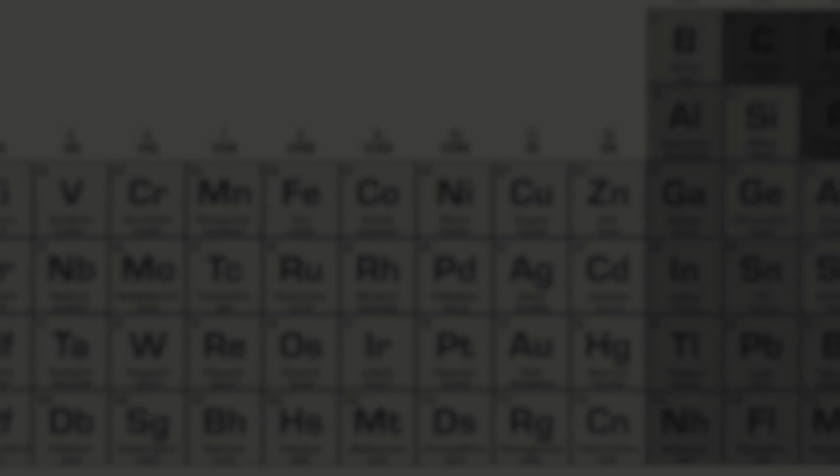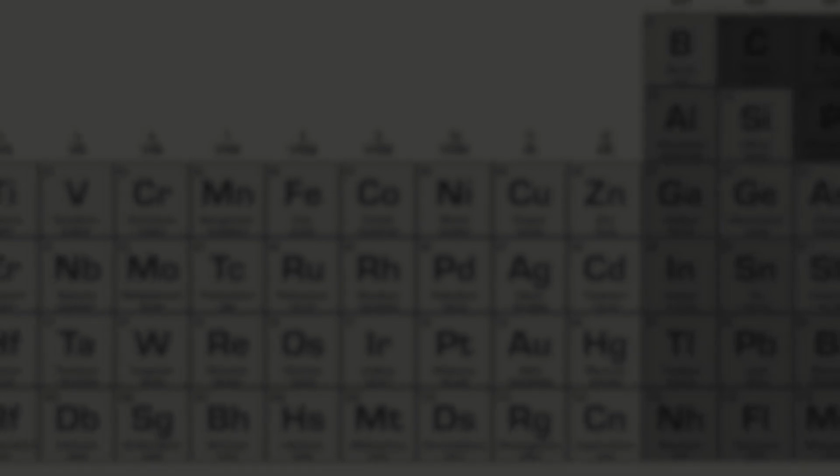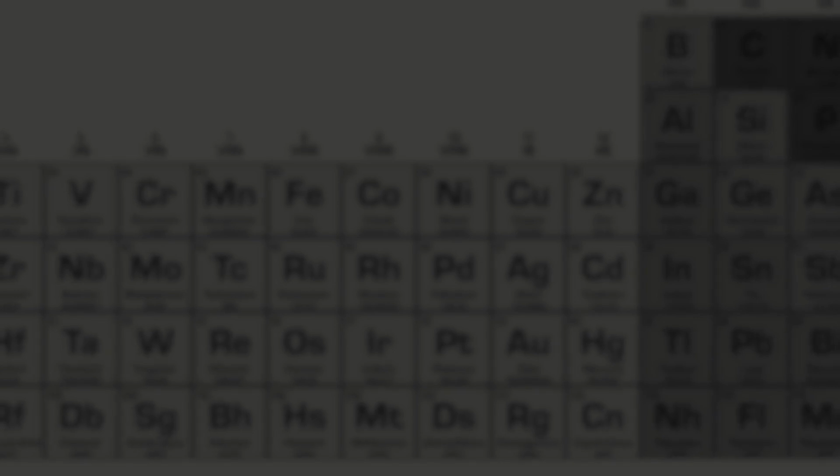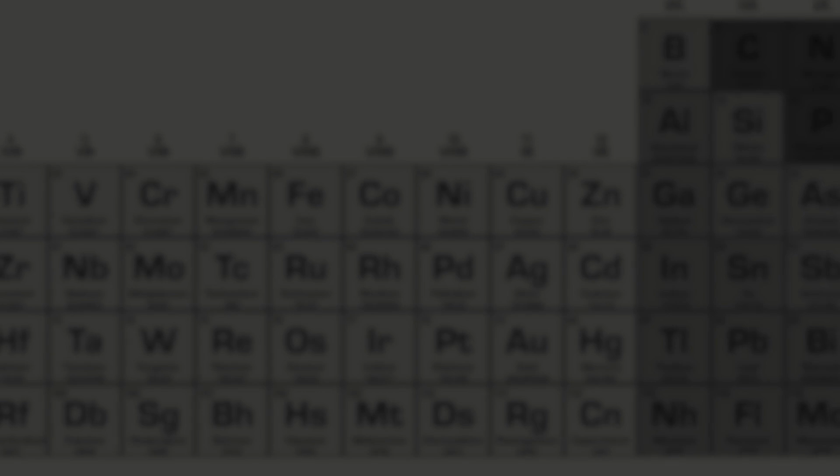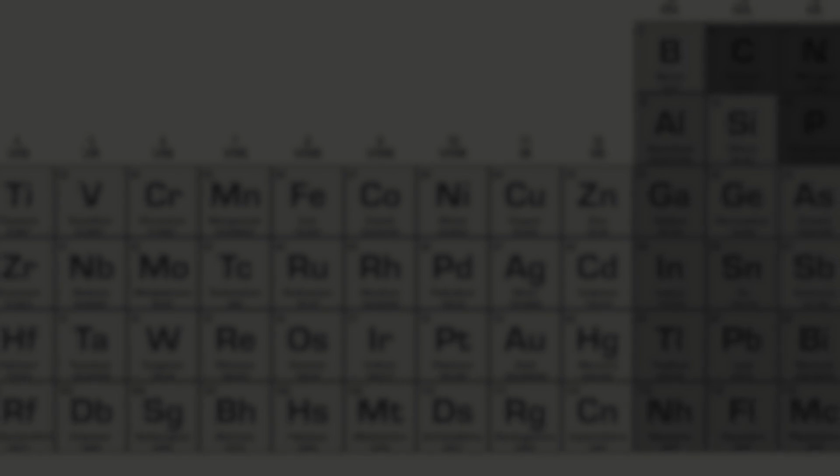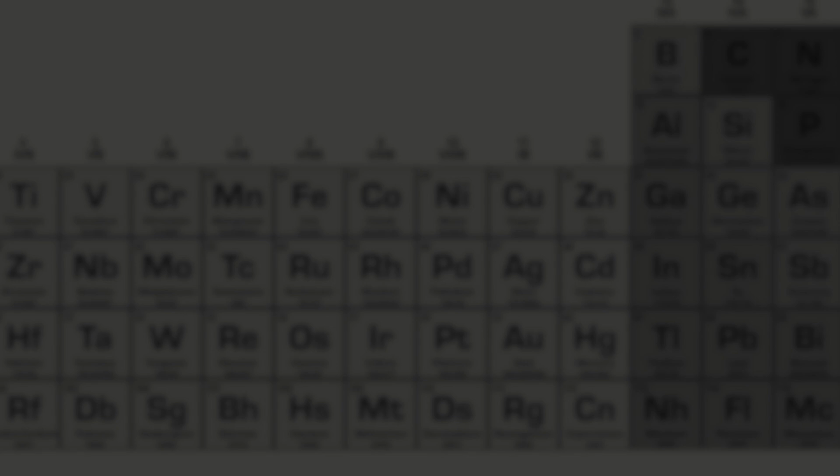In reviewing the periodic table, we recognize that every element has a role to play, whether common or rare, stable or radioactive, natural or synthetic. Each element contributes to the structure of matter. The table provides context.